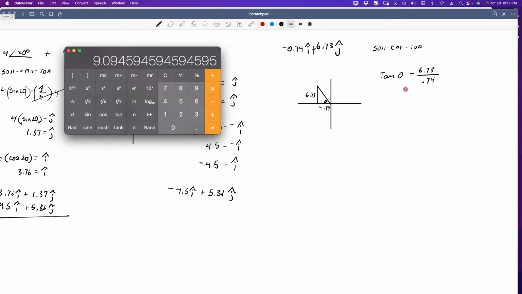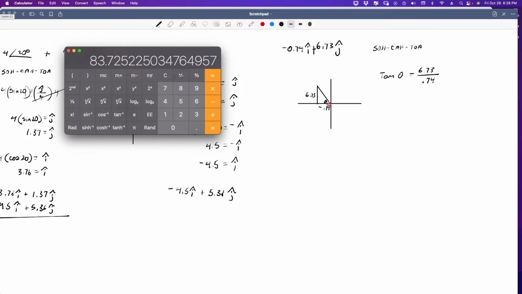And then that's going to be the tan of theta. So now we have to figure out what the degree of measure is by doing the inverse tan. So I'd click my second key and hit the inverse tan, and that gives me 83.725. That would round to 83.73.